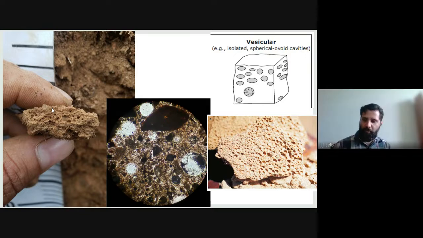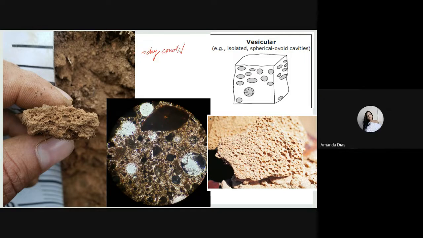Okay, so let's make some notes. Dry conditions. The presence of termites, biological activity, termites, ants.